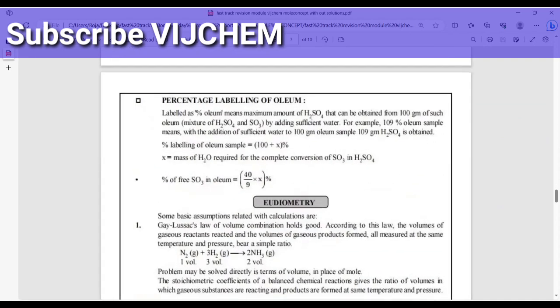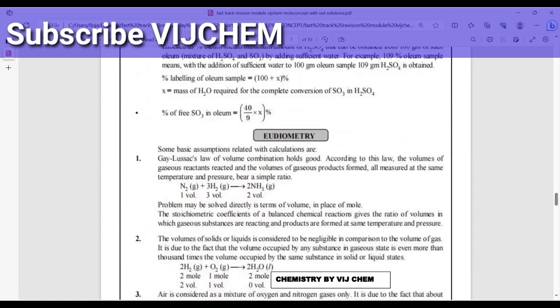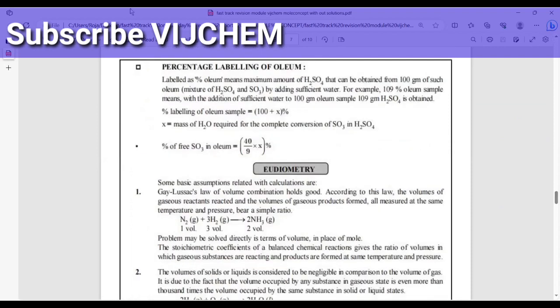Another substance, oleum, is there. So that oleum is 100 plus X. You can wonder why it is 100% plus X. It means extra, like here they mentioned 109 grams. 109 grams means 9 grams of water is required to convert the SO3 into sulfuric acid.